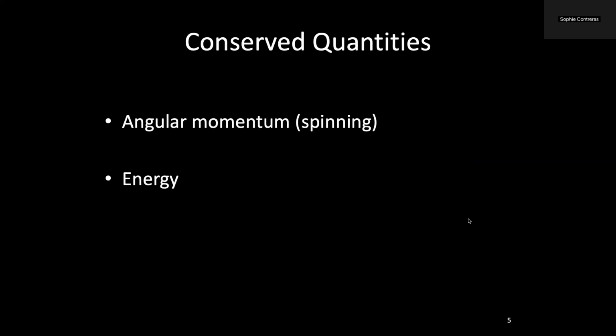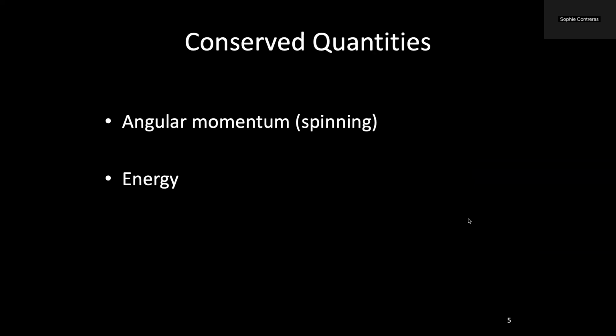Okay, so we need two of these ideas today. We need angular momentum, the idea that you can conserve angular momentum. And what does that mean again? That means that when an object contracts in size, if it were spinning, it spins faster. That make sense? Should I say that again?